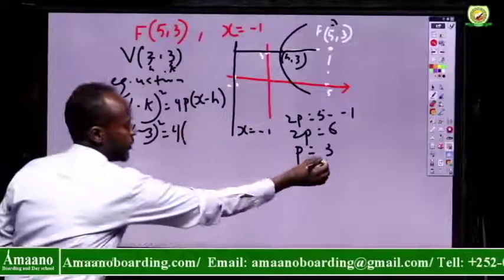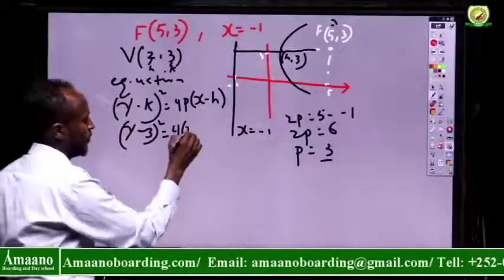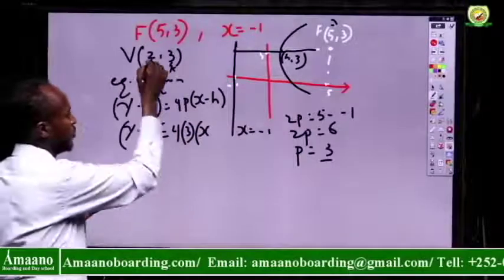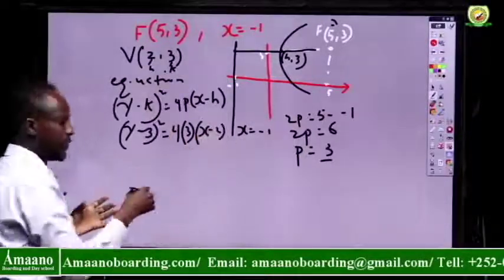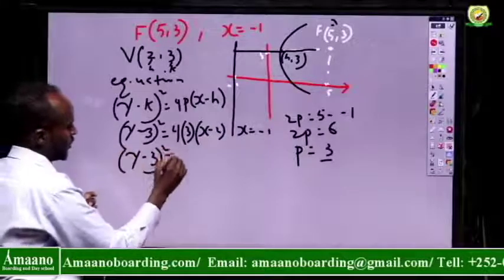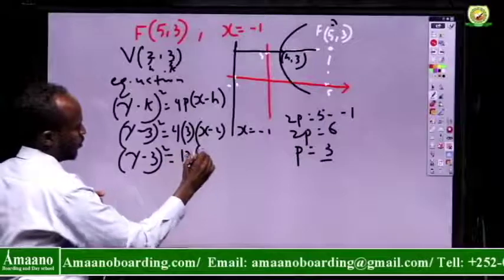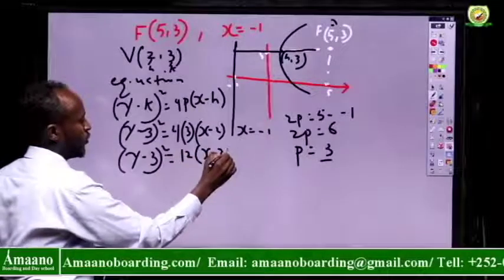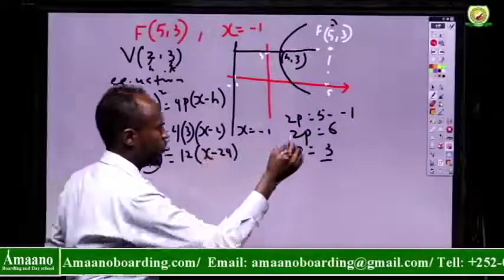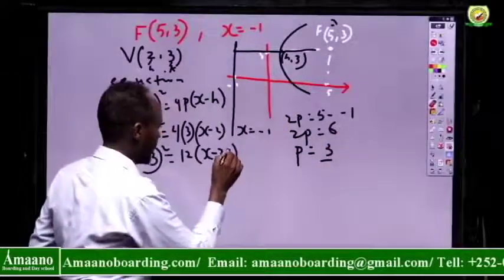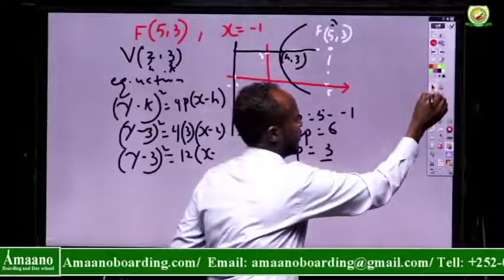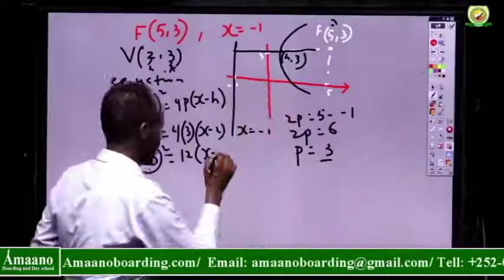What is the value of p? It is 3. Times (x - h), which is (x - 2). Let us simplify. Here we have (y - 3)² equals 12 times (x - 2).